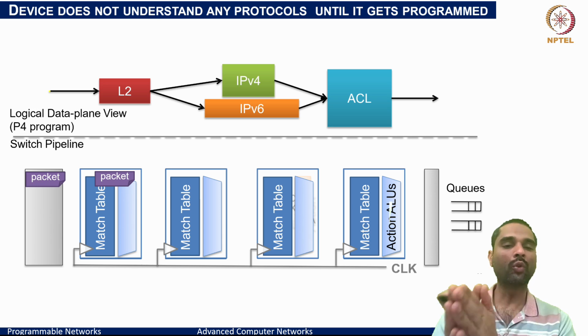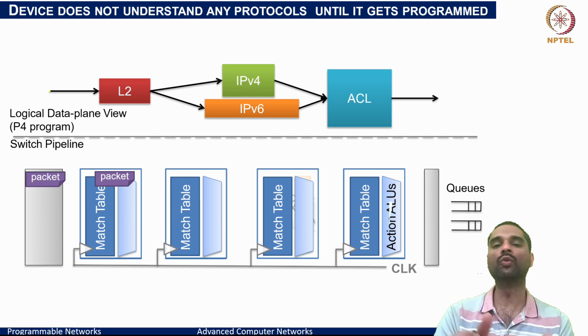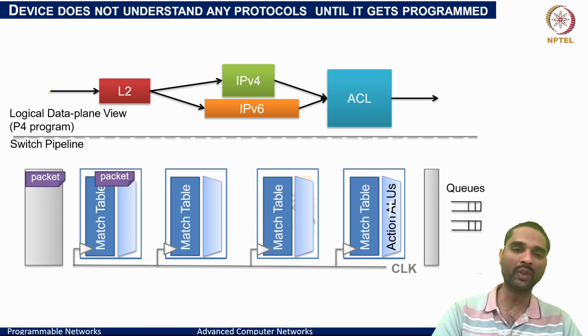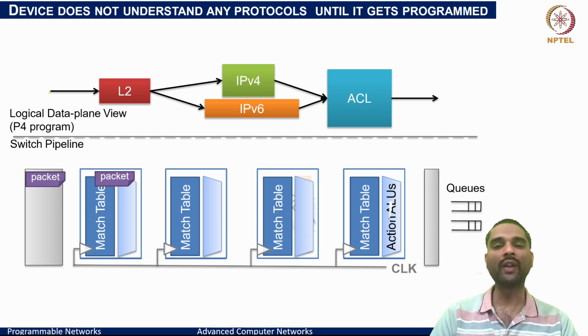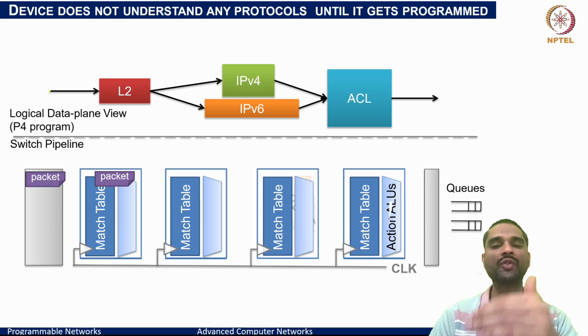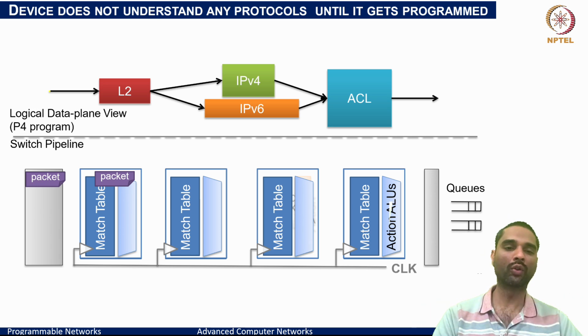It is up to the programmer to define what L2 would be, what L3 or L4 would be. And because the devices do not understand any protocols until they are really programmed, that's why they become protocol independent. And defining the set of protocols now vests with the programmer, to say how you'd want the match to take place.